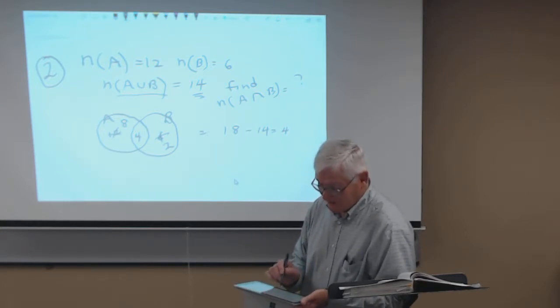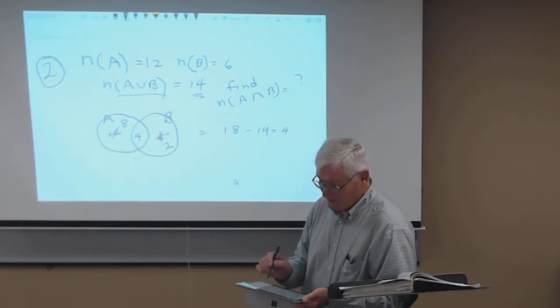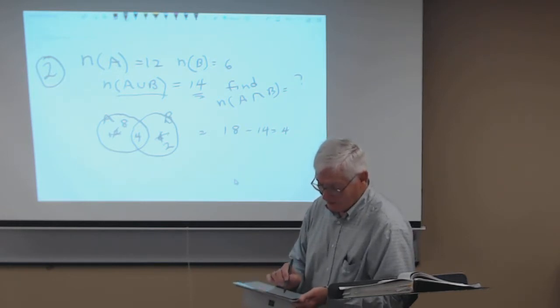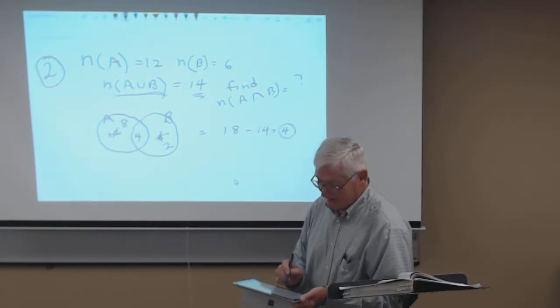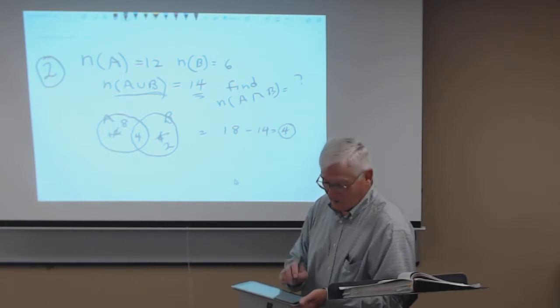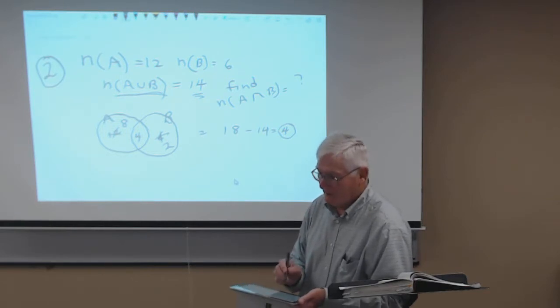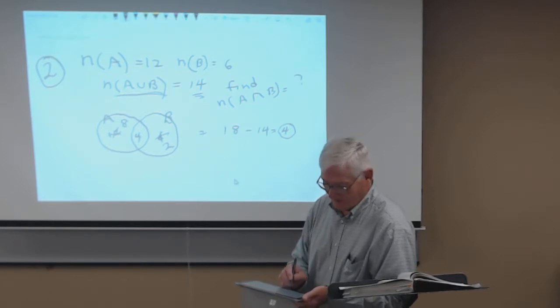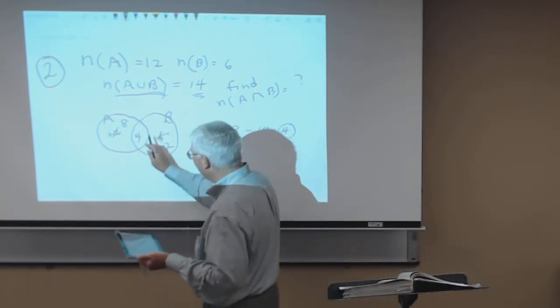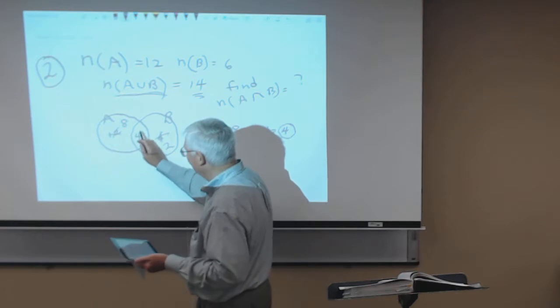When I had 12 and 6, that adds up to 18. That's too many. If it told me that the union was 14, then I subtract the 14, I get this 4, and I stick the 4 in there where the 2 overlap, which is, what is that 4 called? This area right here is called what?